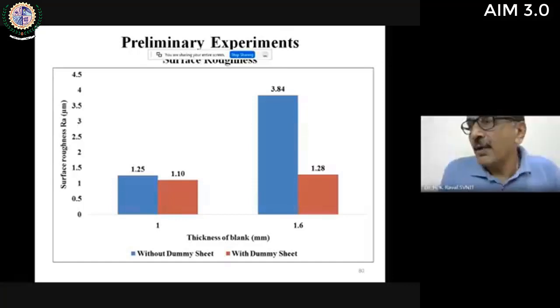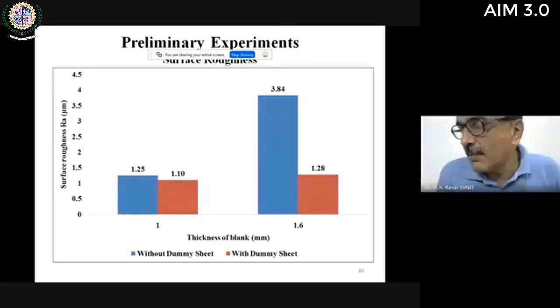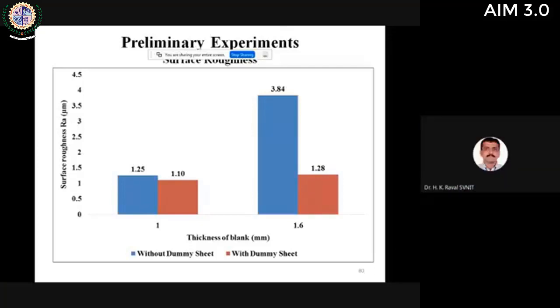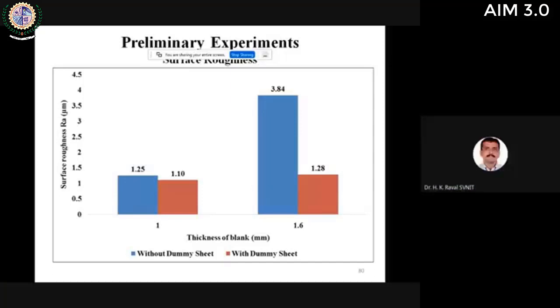In the process of deforming, the dummy sheet concept was also used. One sheet was kept over another sheet because the tailor welded blank has a weld portion in between, and this weld portion might offer some restriction to tool motion, because at some point that weld portion, being a larger or bulky area, might prevent a smooth tool contour path.